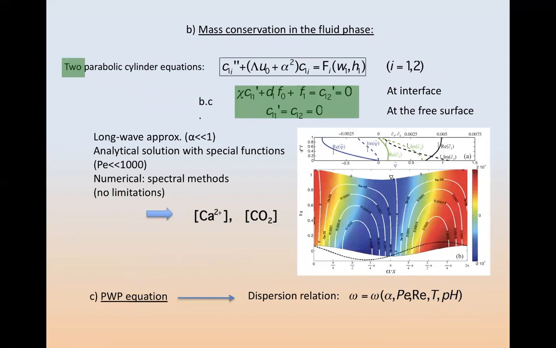And we have to solve two, and not one, parabolic cylinder equations, but with the same approach, putting everything inside the PWP equation. This provides a new dispersion relationship. In this case, it is quite cumbersome, but it is algebraic as well.